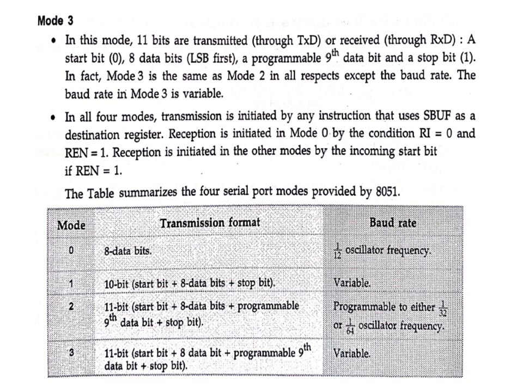These 11 bits are start bit plus 8 data bits plus programmable ninth data bit and a stop bit. And the baud rate is variable. So this is the important difference between mode 2 and mode 3 operation, that is baud rate. In mode 2, it is programmable to either 1 by 32 or 1 by 64 of the oscillator frequency, whereas in mode 3 it is variable.